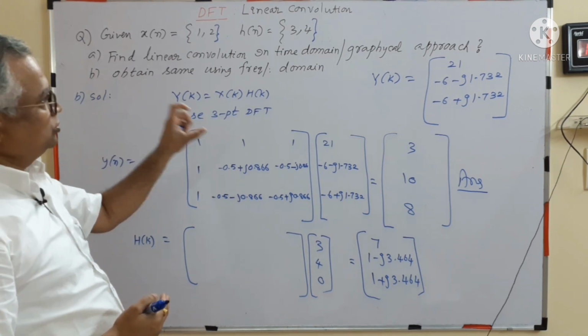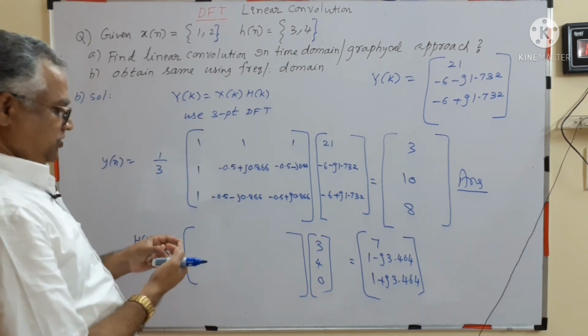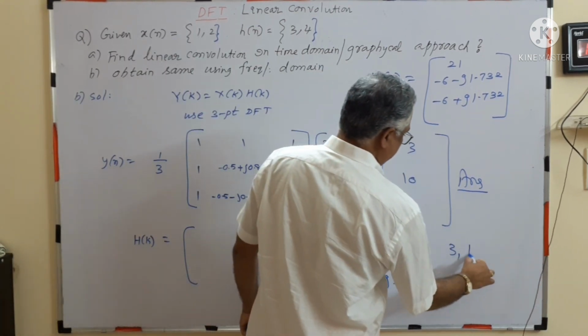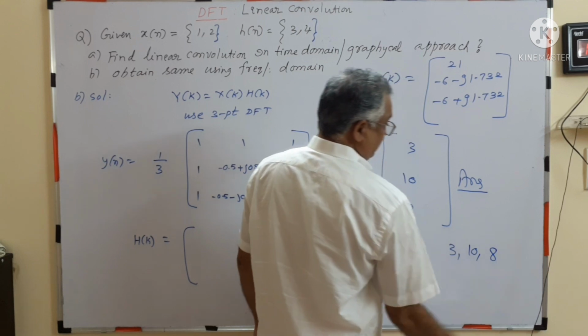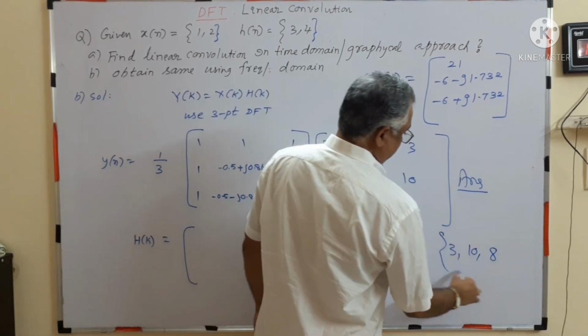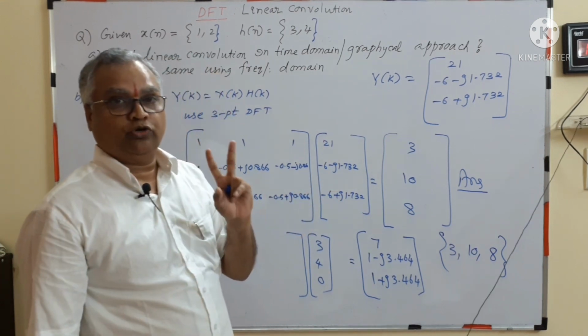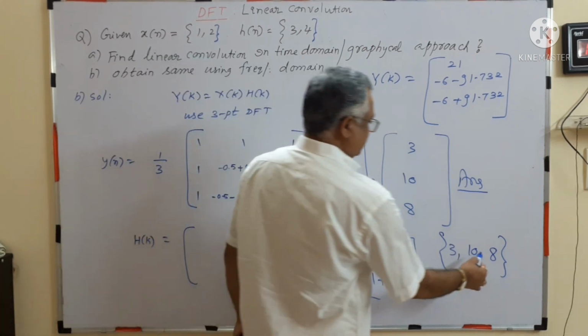How to get those 2 from the linear convolution? What is the linear convolution answer? 3, 10, 8. How many values are there here? 3. But circular convolution will contain only 2. So this is extra, na?